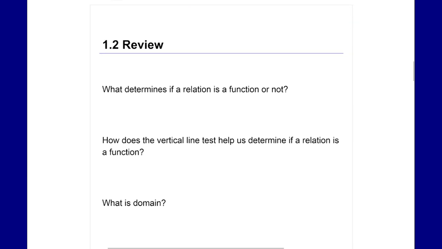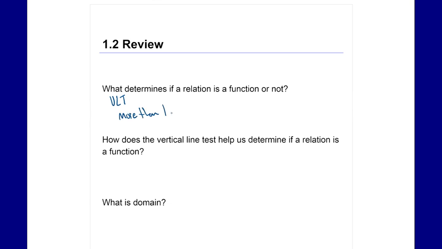Continuing with the review: what determines if a relation is a function or not? You could say the vertical line test, or you could say more than one y value for a given x value, because the idea is we don't want to have more than one y value for a given x value.